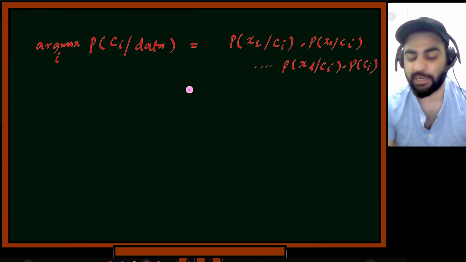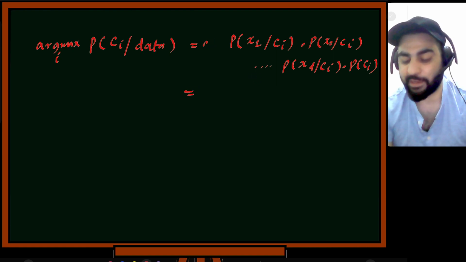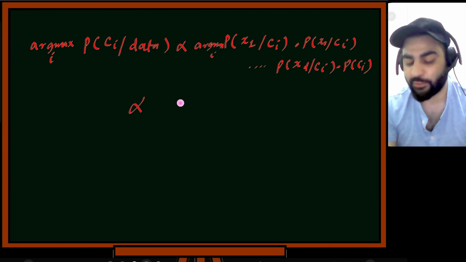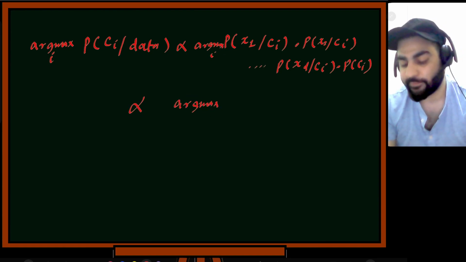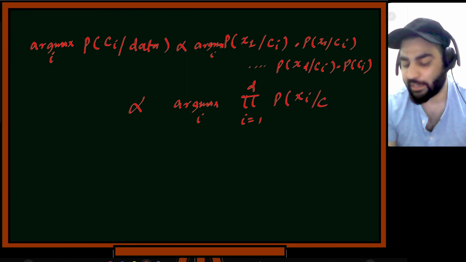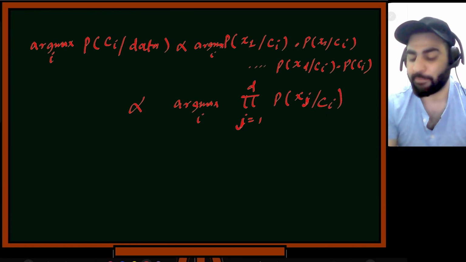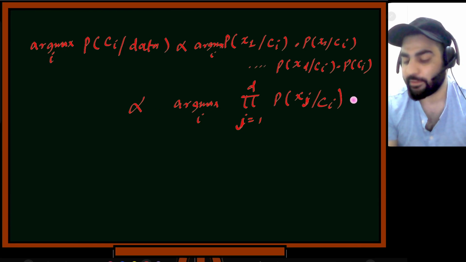This is proportional, under the argmax over i, to the product, pi, with j going from 1 to d, of probability of xj given ci, multiplied by probability of ci.